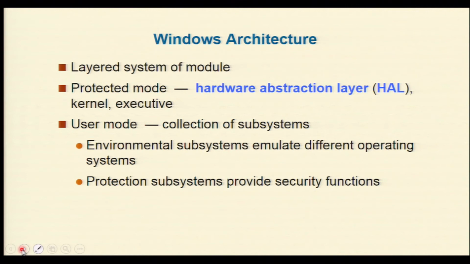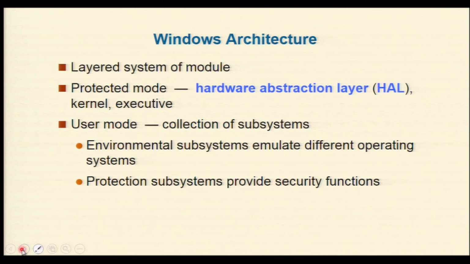Then we have Windows architecture, it is a layered system of modules, there is a protected mode, some portion of the code is protected. The hardware abstraction layer, which is what the Windows is really talking to. The Windows is not directly talking to the hardware, it is talking to a hardware abstraction layer which is presumed as the architecture that makes Windows very efficient.